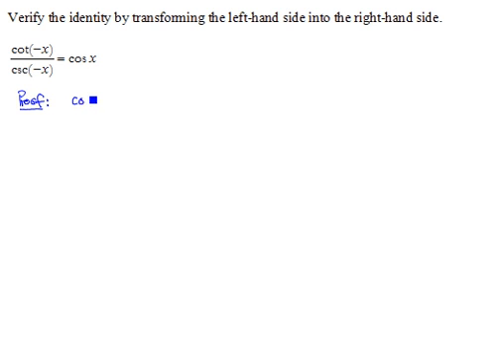So we have the cotangent of the opposite of x divided by the cosecant of the opposite of x. We can apply the identities for cotangent and cosecant. The cotangent of an angle is equal to the cosine of that angle, that's the opposite of x, over the sine of that angle.